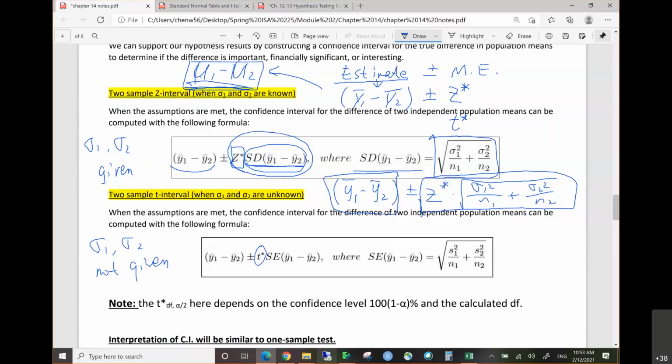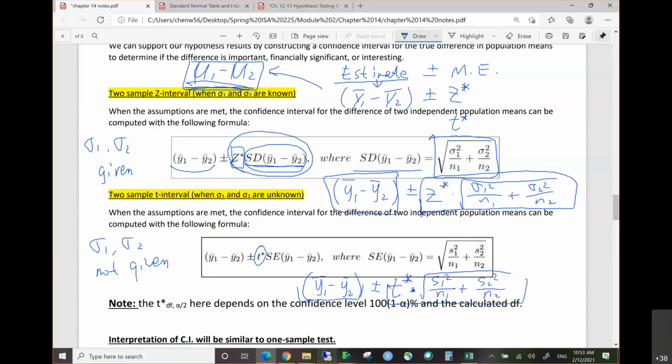That means our formula will change to the difference between the two sample means plus minus the t star times the standard error of y1 bar minus y2 bar, which is the square root of s1 squared over n1 plus s2 squared over n2. Got it? Again, this is the estimate, this is the margin of error.